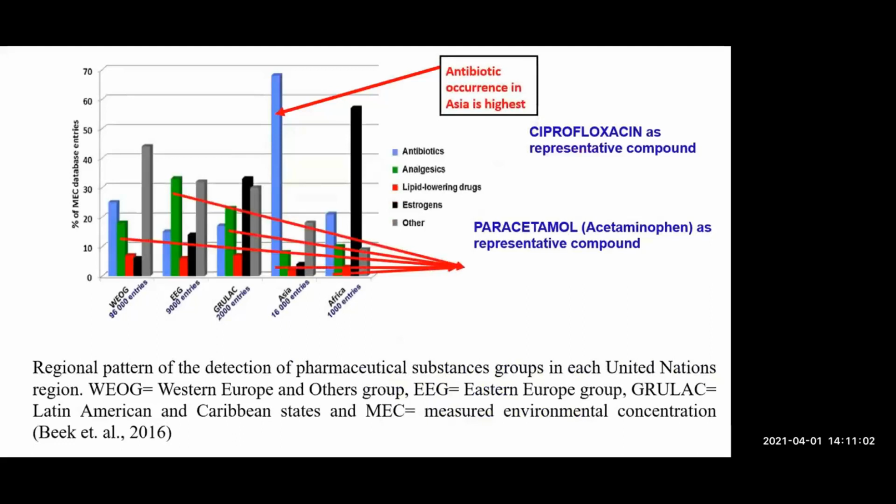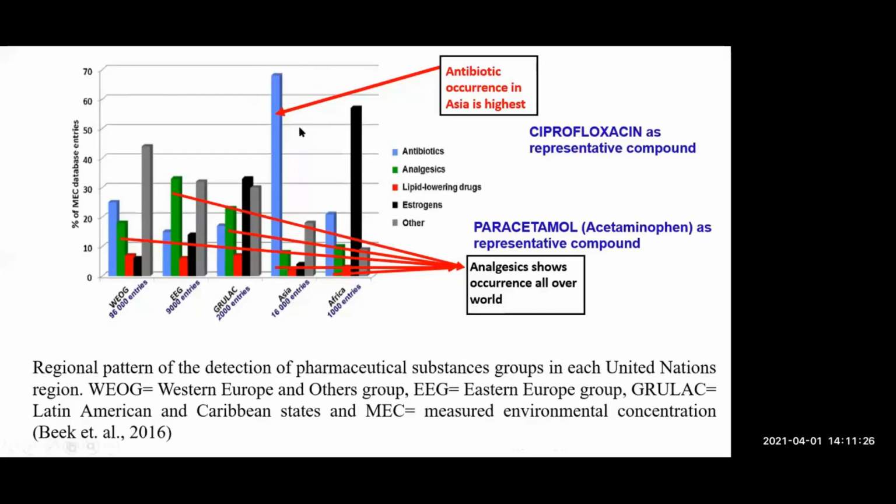For the study, we have chosen two different groups. One is antibiotics and another is analgesics, because these groups are some of the largest used and largest found groups in environmentally relevant waters.